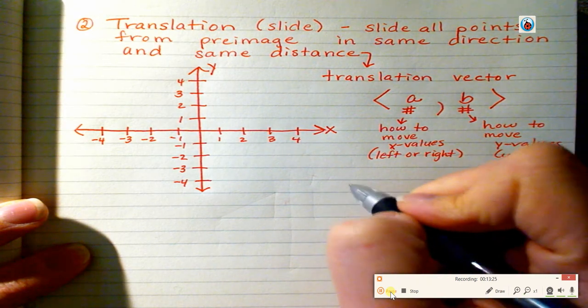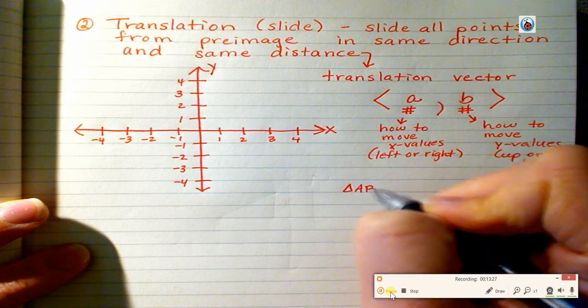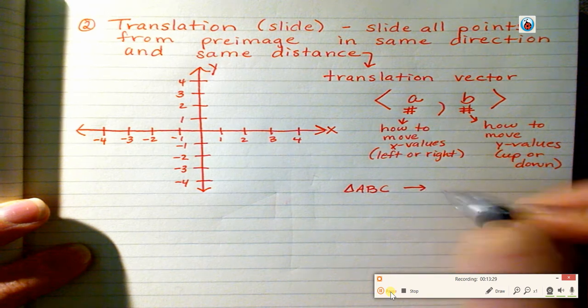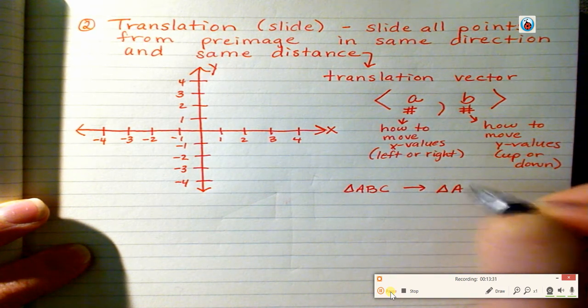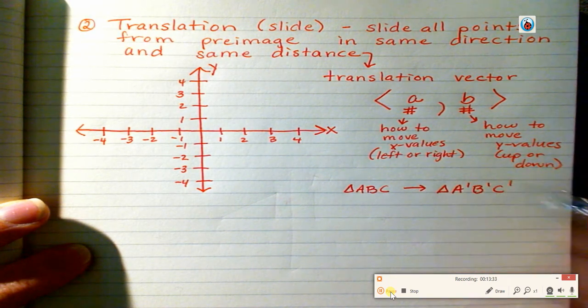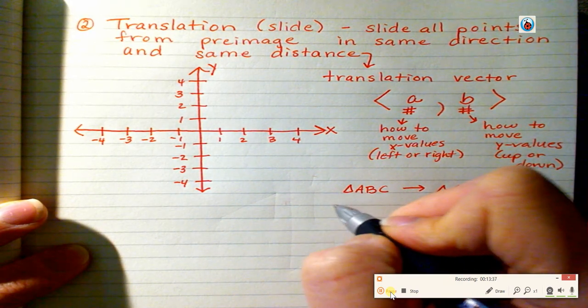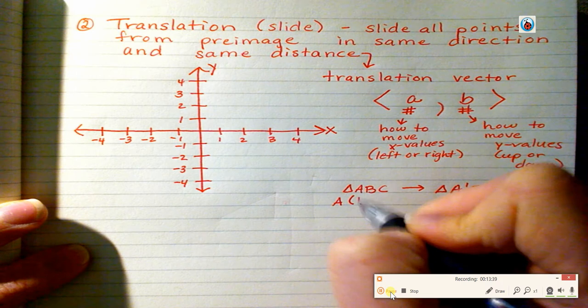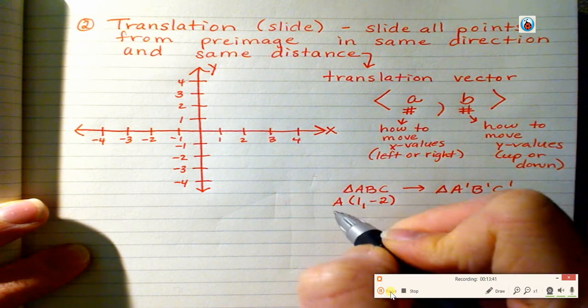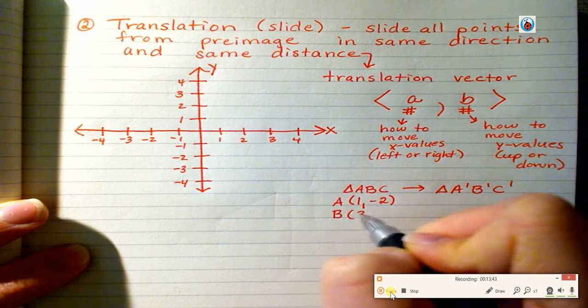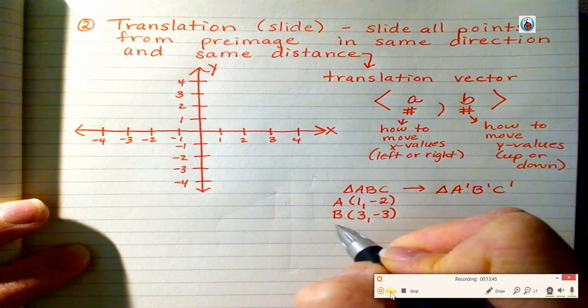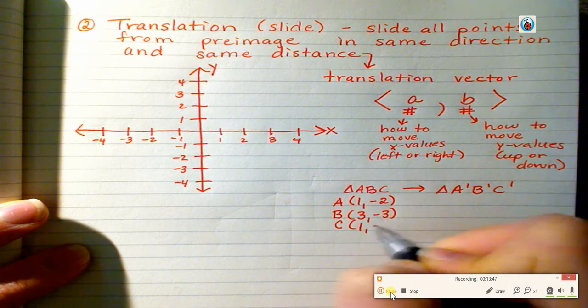We're again going to have a triangle ABC, our pre-image, and our new image is going to be triangle A prime, B prime, C prime. Point A is at 1, -2. Point B is at 3, -3. And point C is at 1, -4.